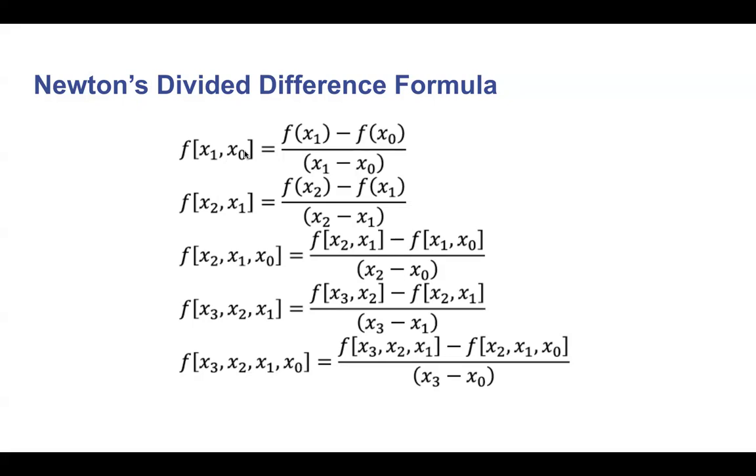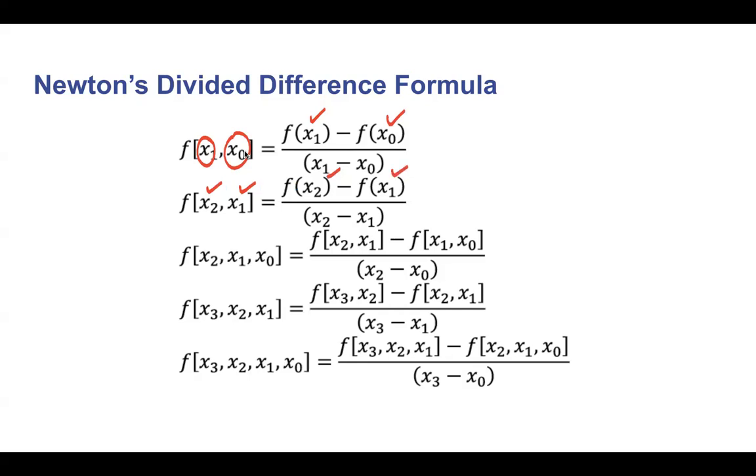So this portion is f of x1, f of x0, and then you have the difference, that is x1 minus x0. Similarly, f of x2, x1 means f of x2, f of x1, and the difference between these entries, x2 minus x1.